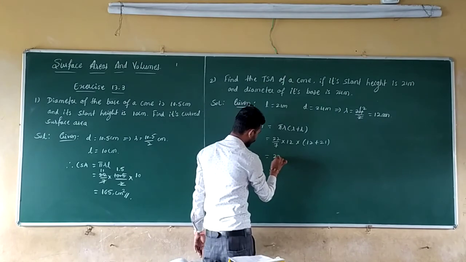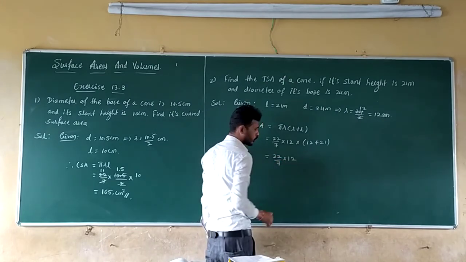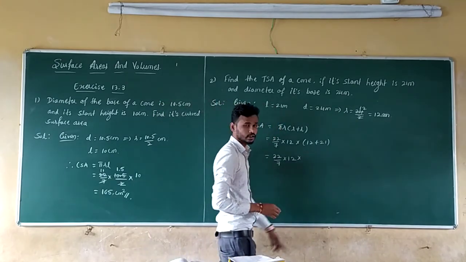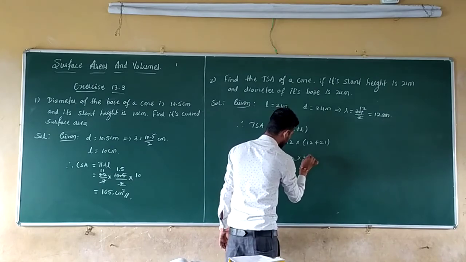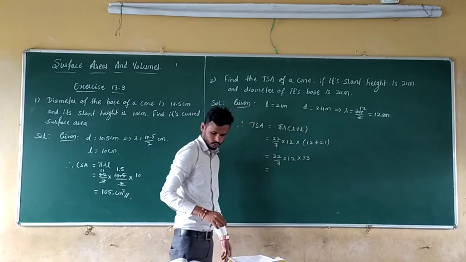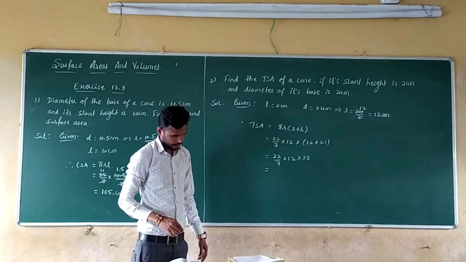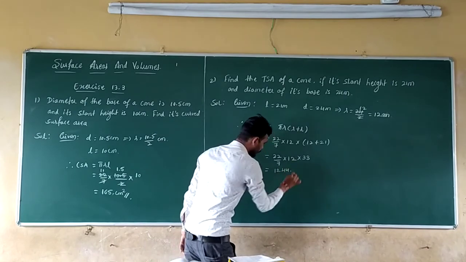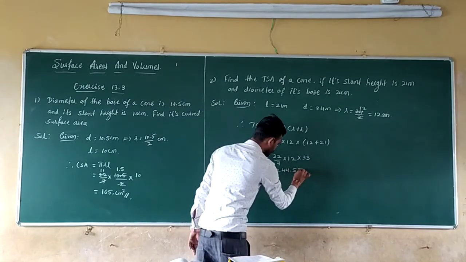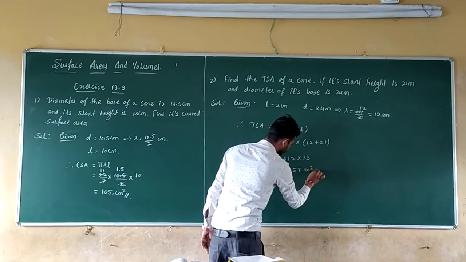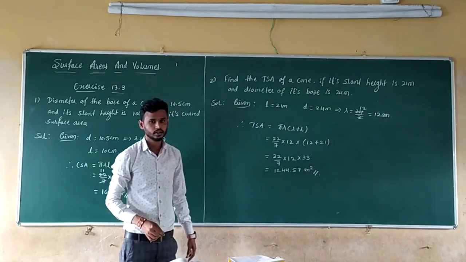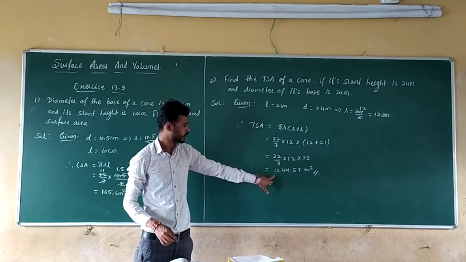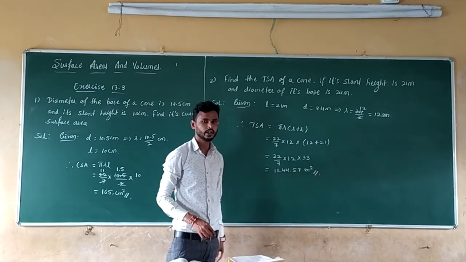So 22 by 7 into 12 into 12 plus 21, which is 33. Multiply that and divide, we will get the answer as 1244.57 meter square. So this is the TSA of a cone, 1244.57 meter square.